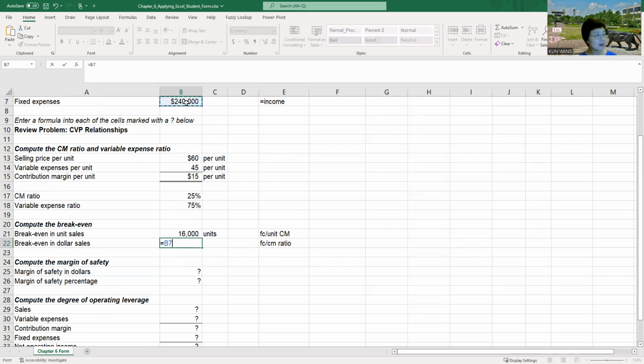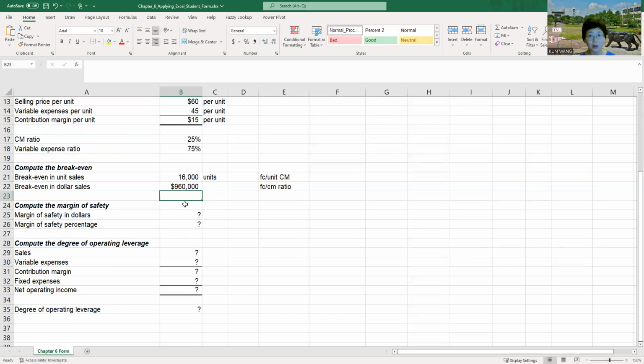Same thing: fixed expense divided by the ratio. And they already have the currency sum for us, right? 16,000 units and then $160,000 for break even. Okay, that's this part. Break even means, you know what I mean, right? How many clients I need to serve each month to break even.